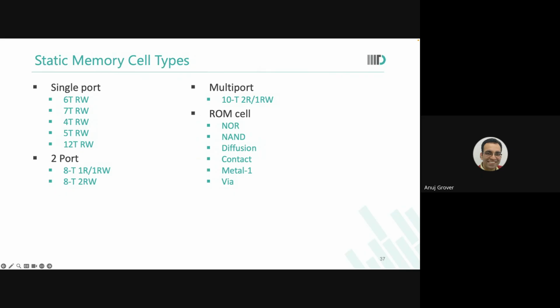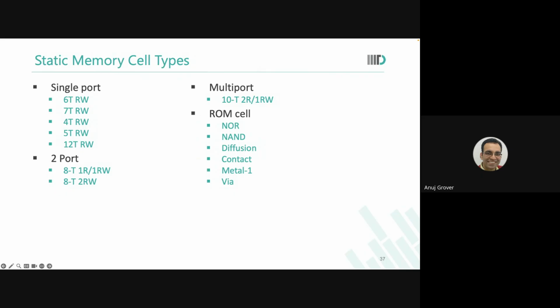Each paper says mine is the best. Yes, it is the best, but in that specific use case. In a particular use case, in a particular context, that 4T could be the best. You put that cell elsewhere, it won't work.